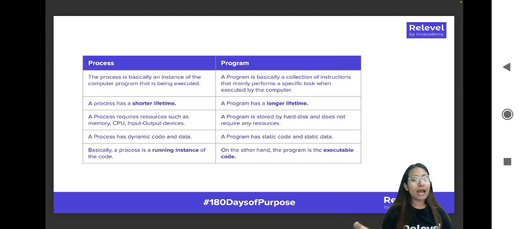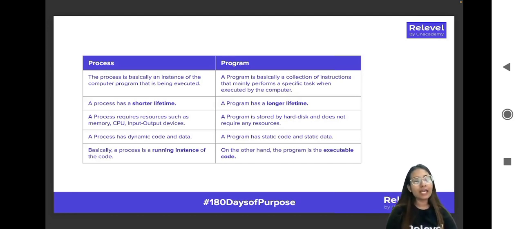Your program, on the other hand, is not stored in main memory; it is stored in secondary memory or a hard disk, and it does not require any resources because it's just an executable file. We're not yet executing it, hence we do not require any resources, and hence we store it in the secondary memory.